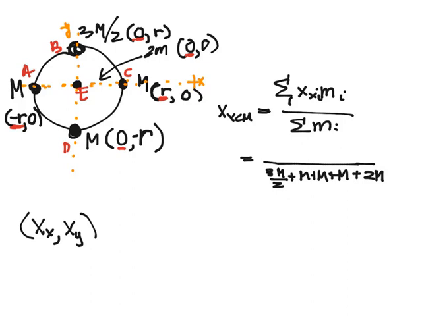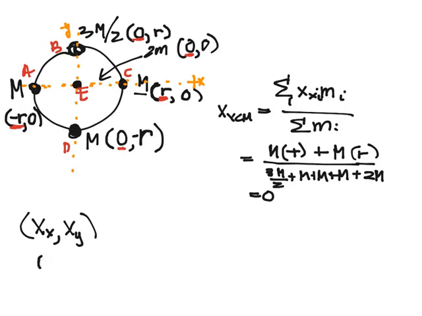And for MA, I have m, because that's the mass, times negative r. And for MC, I have m, because that's the mass, times r. And what we realize is that m times negative r plus m times r is actually equal to 0.